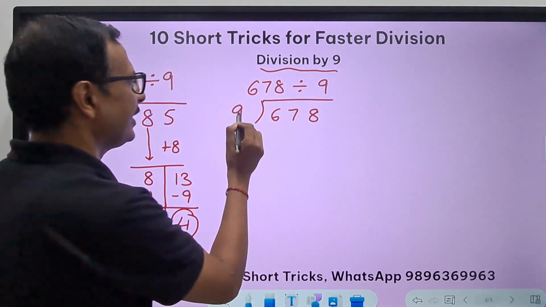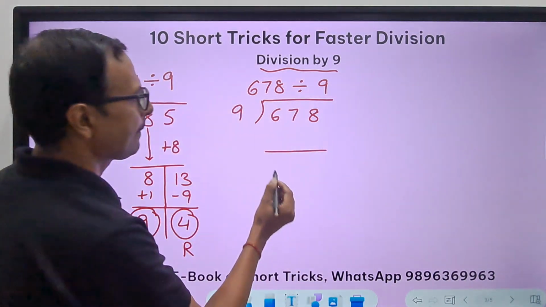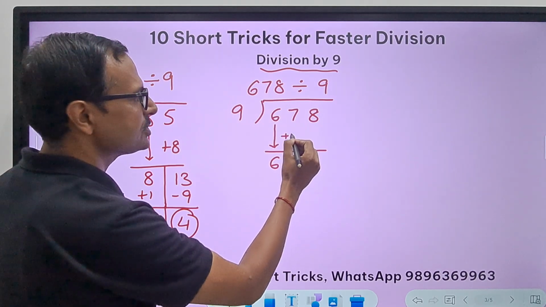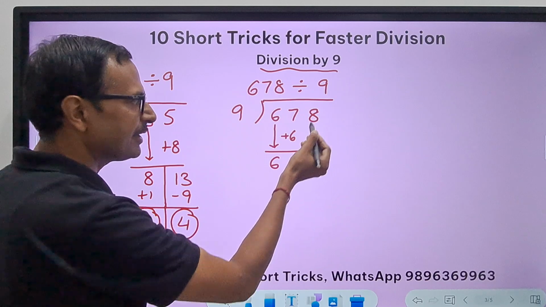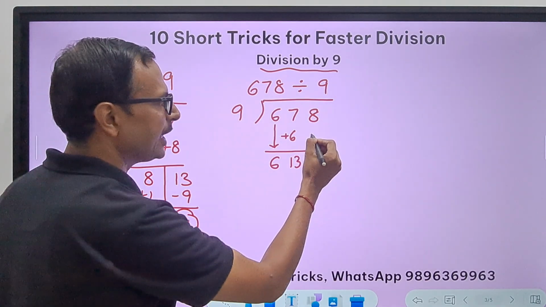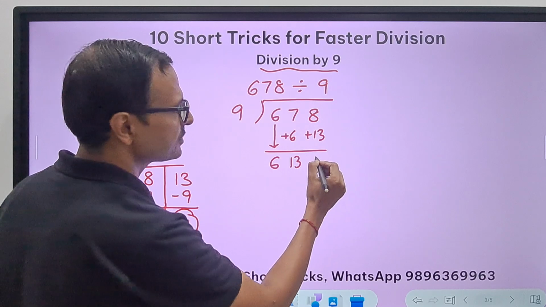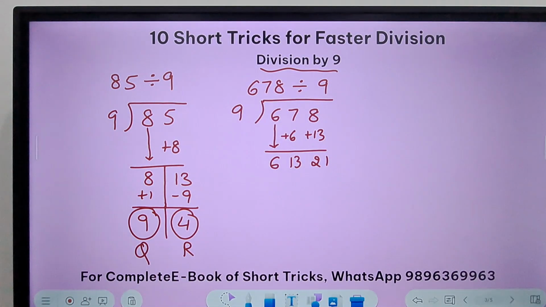The first step I told you is put the horizontal line, bring down the first digit 6, add it to the next digit. 7 plus 6 is 13, and now we have another digit, right? So 13 is to be added to the next digit here, and 13 plus 8 becomes 21. So we get 3 numbers now.